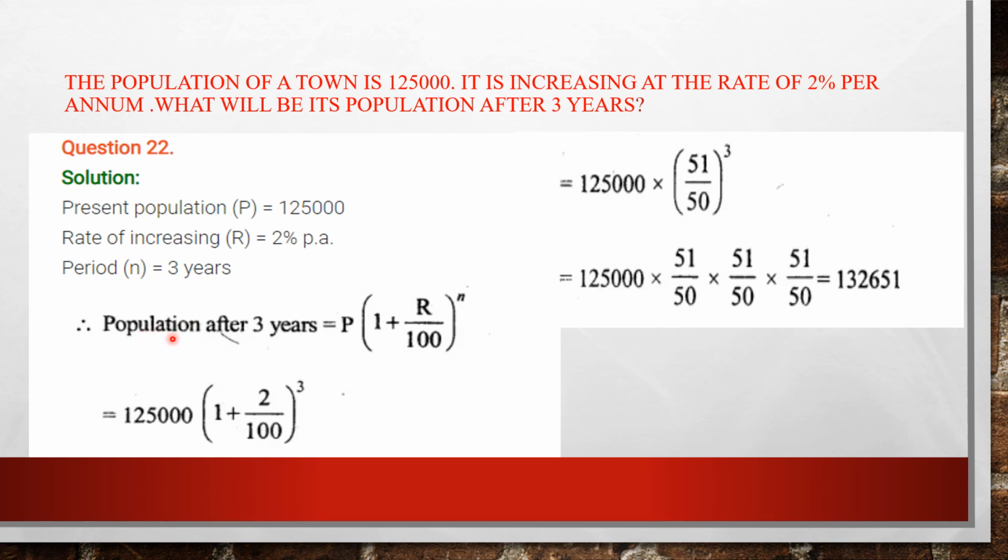So the population after 3 years equals P into (1 plus R by 100) power n. So apply the value of the present population, 1 plus the rate of increase divided by 100, for a period of 3 years. We get 1,32,651. At the end of 3 years, the population has increased to 1,32,651.